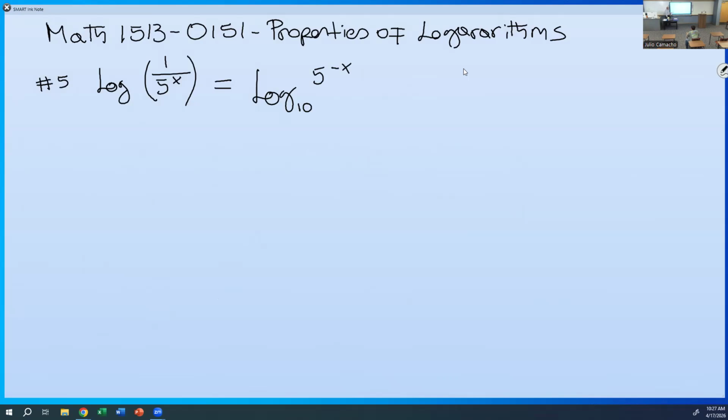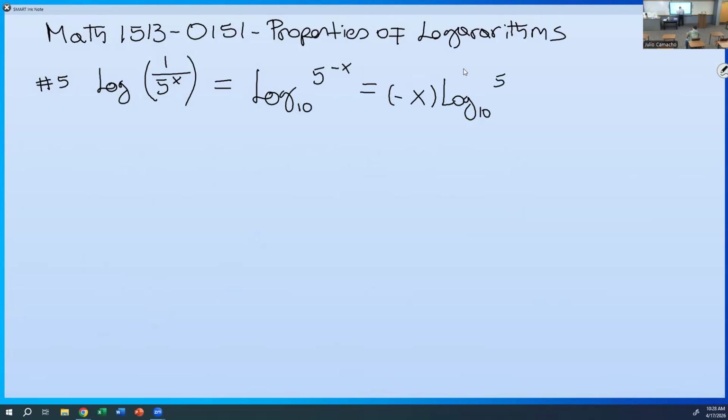And then what we need to do is use the power rule. When you use the power rule, you have negative x times the log base 10 of 5 to the fifth power.